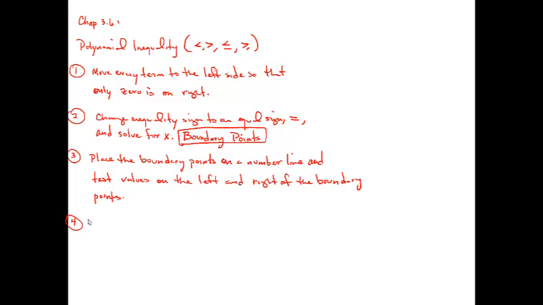Then, when you do your test, if you get a positive answer, you're just going to write a positive sign in that interval. If it's negative, then write a negative sign in that interval. And then the last step is your solution.